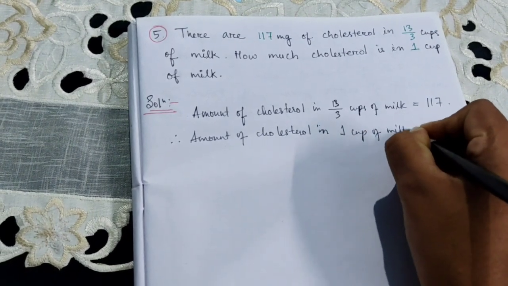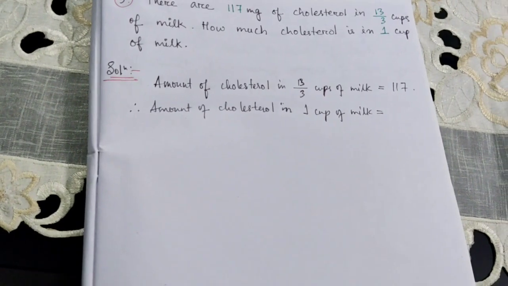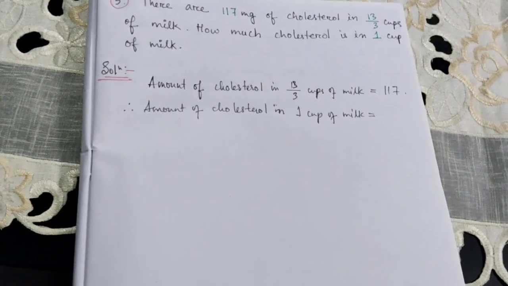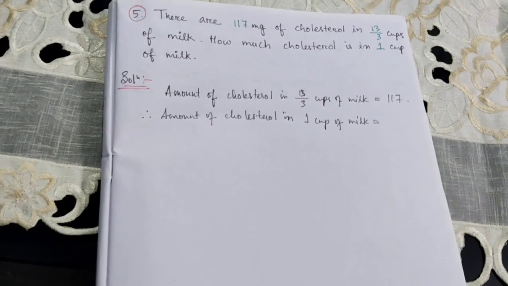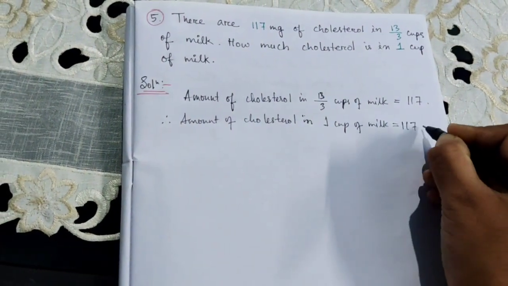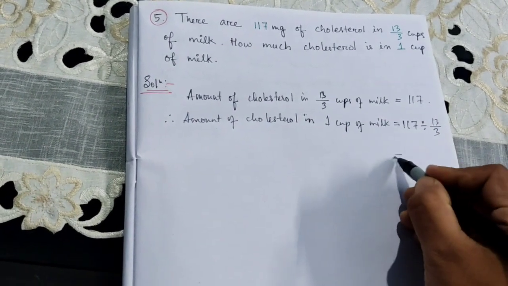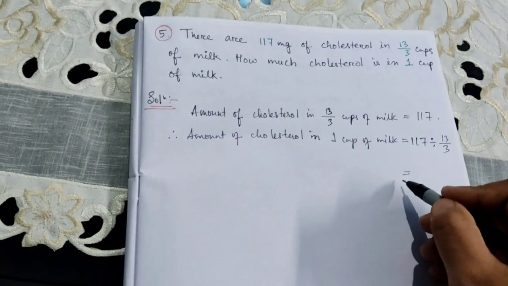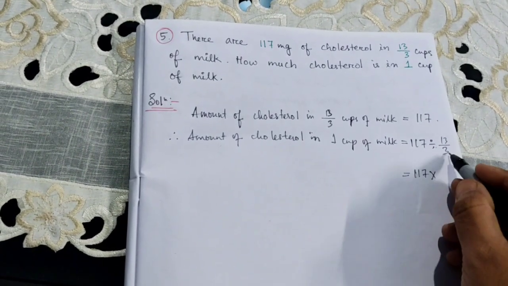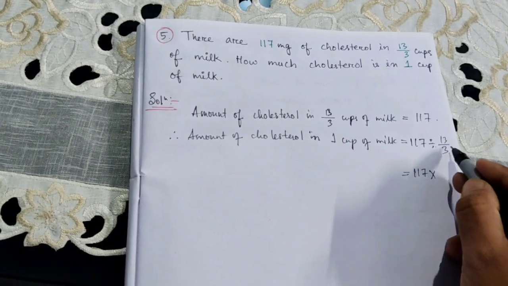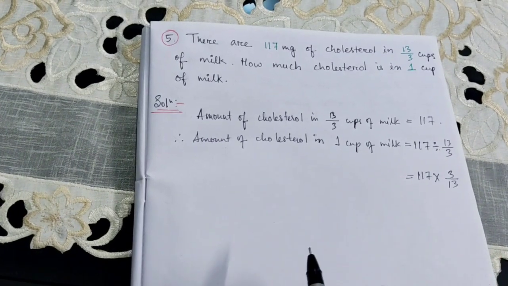of milk is, so here you will have to do division because it will be less. When it decreases, you will have to do division. So 117 divided by 13 by 3. As you know how to do division in fractions, divide will become multiplication, and the fraction will inverse. 3 will become the numerator and 13 the denominator.